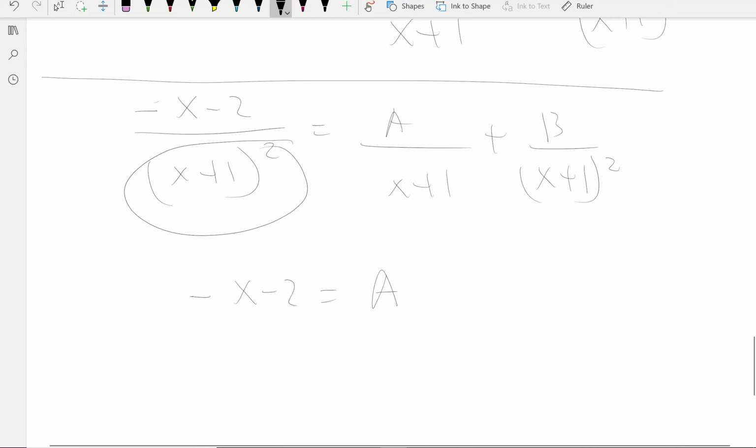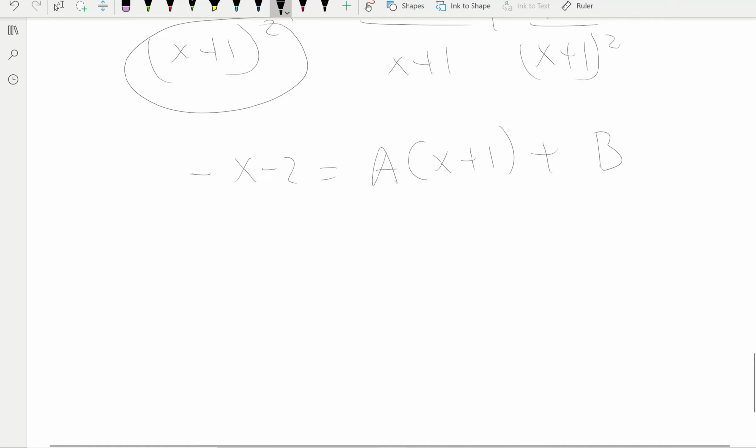Here a, if you multiply by x plus 1 square, you will be left with a times x plus 1, and plus b. Alright, so now here what we can do is distribute a times x plus 1. So this is ax plus a plus b. So if you group them, this is ax plus a plus b.